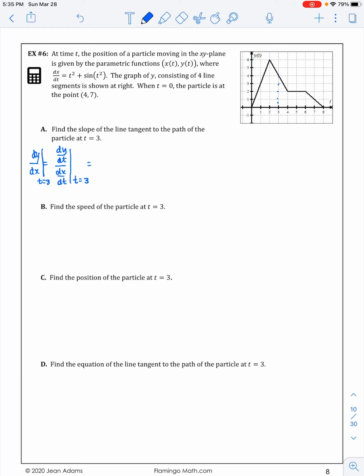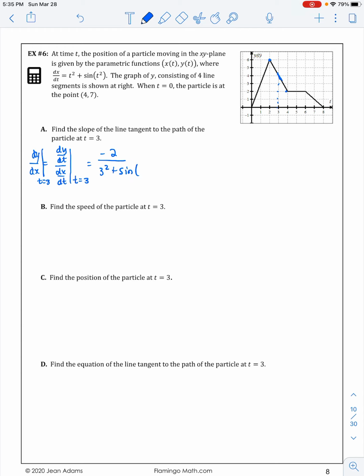And so if I wanted my dy dt at t equals 3, I would go up here and be looking for the slope here. And this slope would just be rise over run from this point to this point, 1, 2, 3, 4 over negative 2. So that's going to be a negative 2.